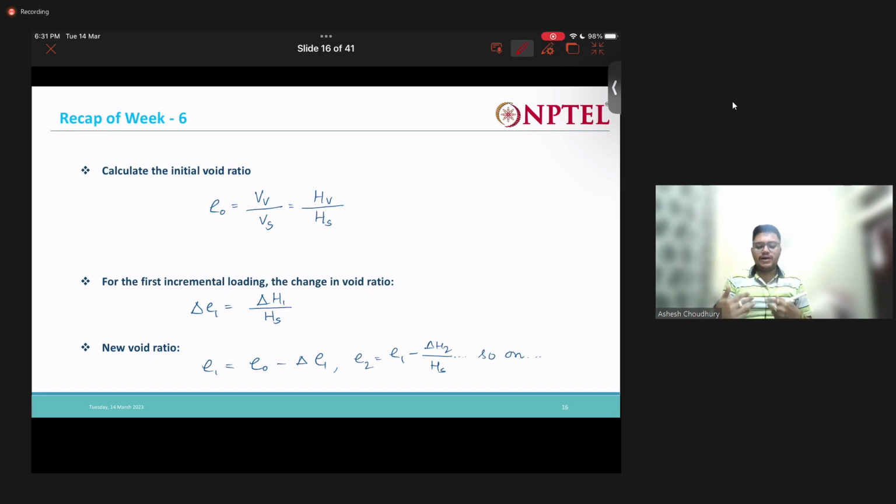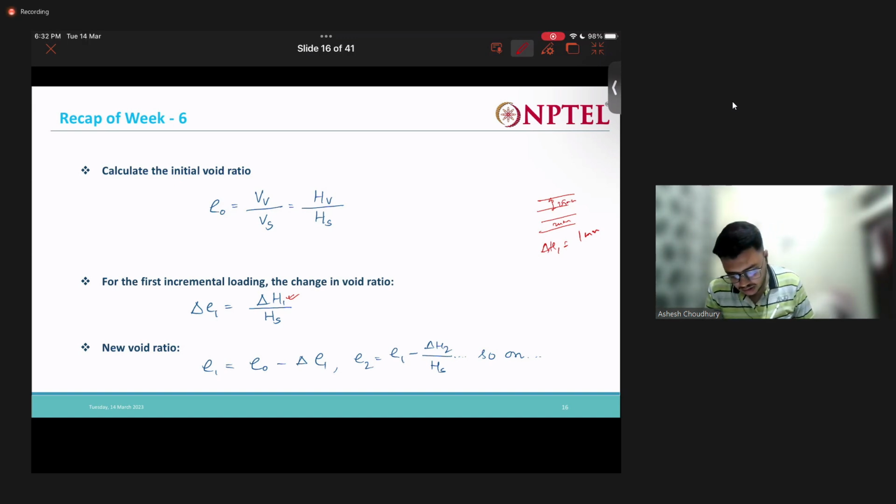Now for each loading increment, say my height actually changes by del h1, right? Initially, say my thickness of the soil was 25 mm. After the first loading, it changes to 24 mm. So this del h1 is 1 mm. Due to this change in height, we can determine the change in void ratio.